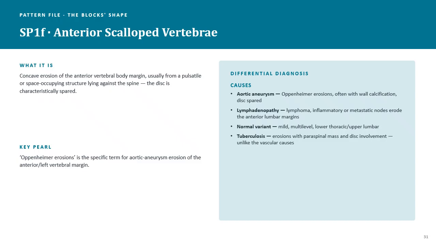So again, when we're talking about anterior scalloping, we're talking about something that might be pressing against the front of the vertebral body. In addition to looking at whether or not it's eroded, another thing they're going to pay attention to is the patient's disc space, to help determine what might be causing that scallop shape.